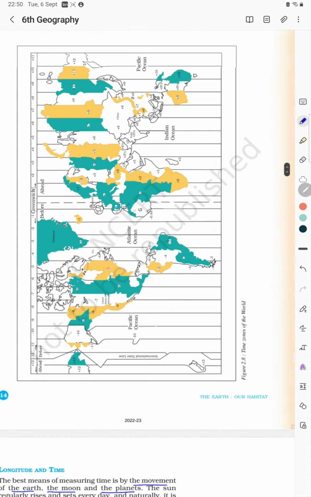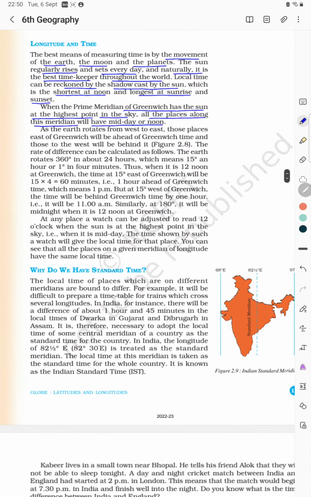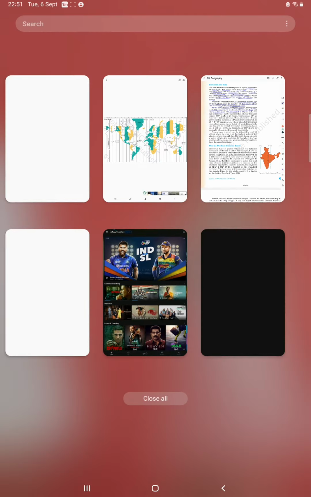Correct? As the earth rotates from west to east, those places east of Greenwich will be ahead of Greenwich time, and those places to the west of it will be behind it.